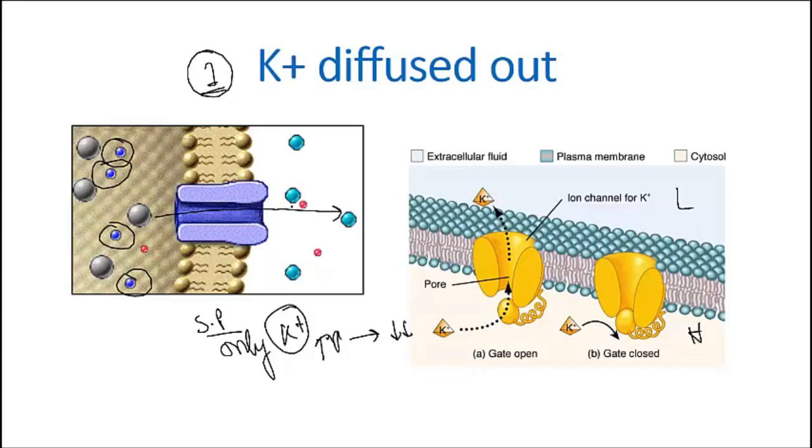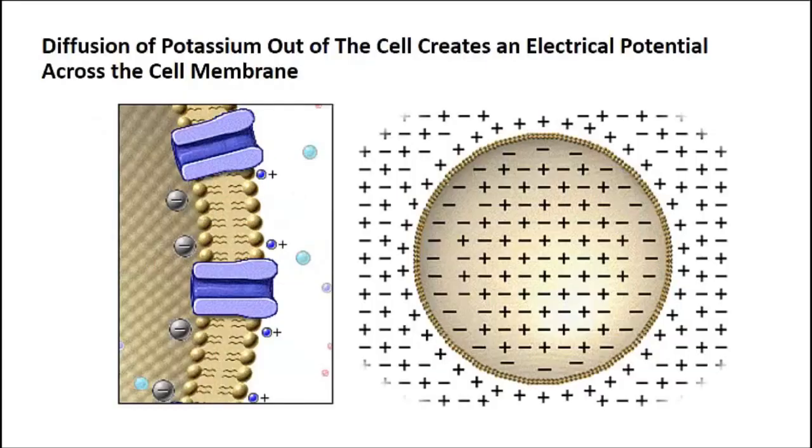Diffusion of this potassium out of the cell creates an electrical potential across the cell membrane. Do you know why? Because potassiums are positively charged, movement of all these potassium ions outside the cell causes a net positive charge outside the membrane and a net negative charge inside the cell, the cytosolic region.